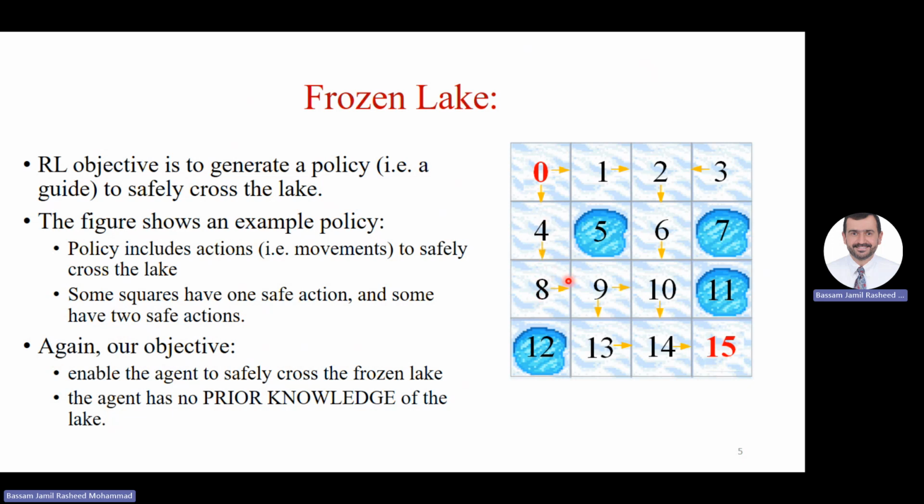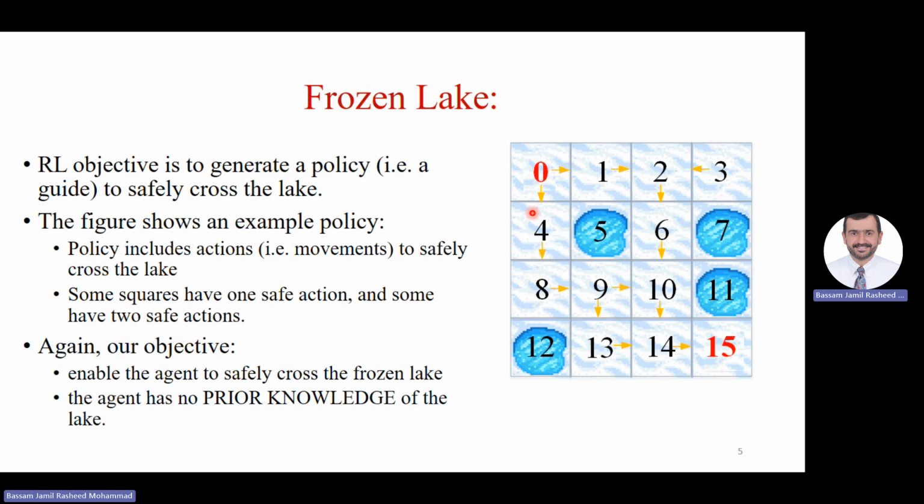And if I get into 8, clearly I can go to 12, but I will fall in a hole, or I can go to 4 and I will go away from my destination. It will be further from where I want. Clearly the optimal action is to go right.